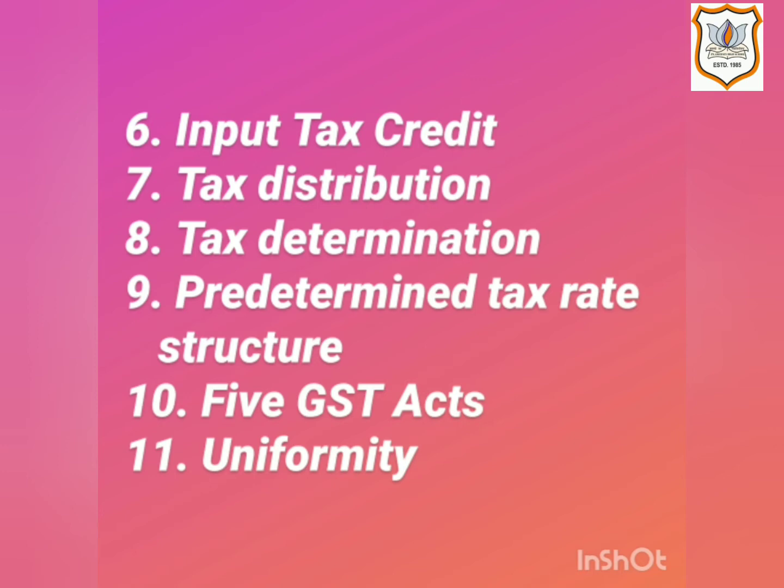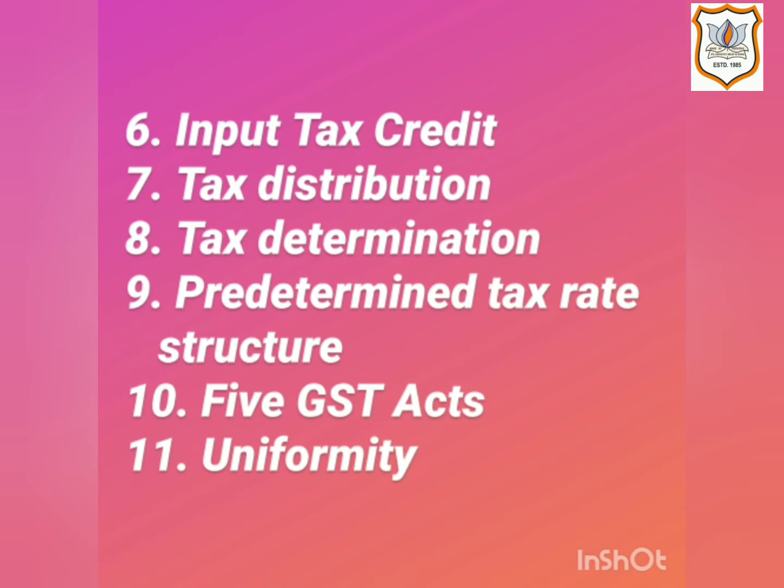The center will levy central GST, that is CGST, and the state will levy SGST on the supply of goods and services within a state. The center will levy IGST in the case of interstate supply of goods and services.